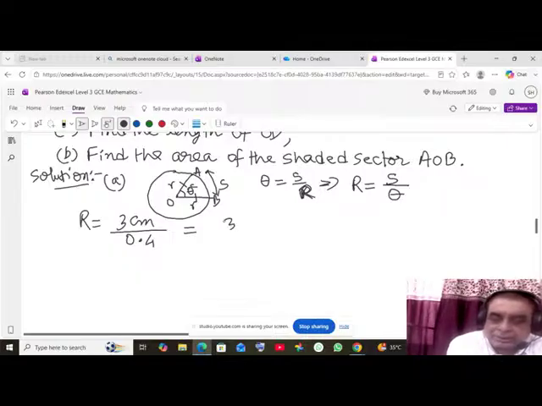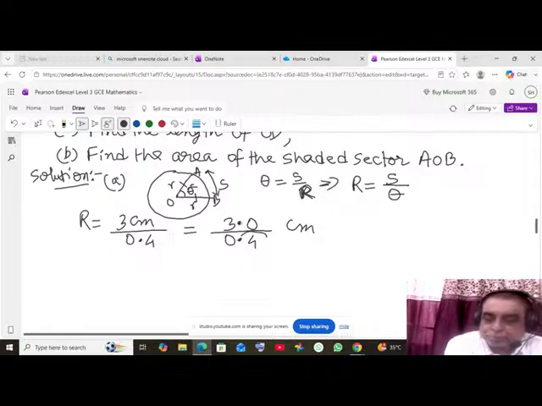So here I am dividing 3 by 0.4. Shift the decimal point one place to the right on both numerator and denominator. This becomes 30 divided by 4 centimeters.